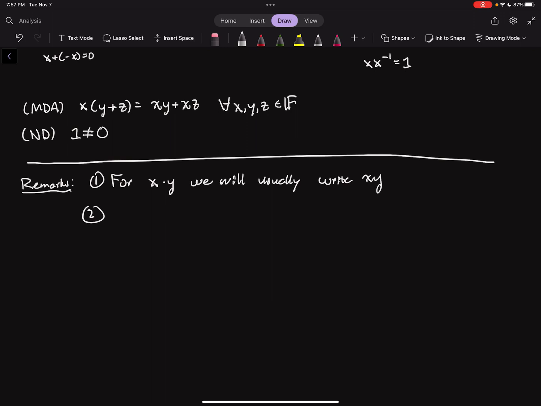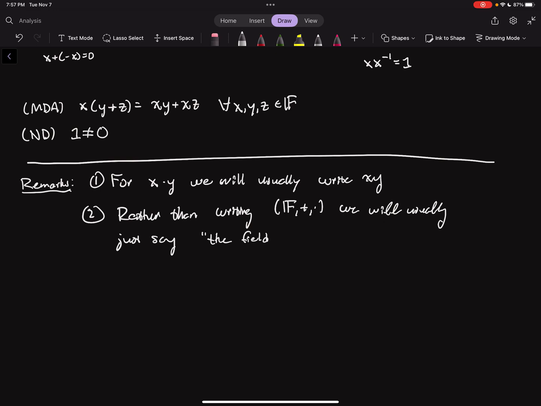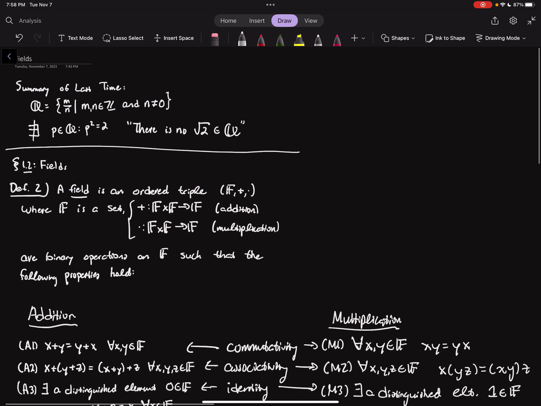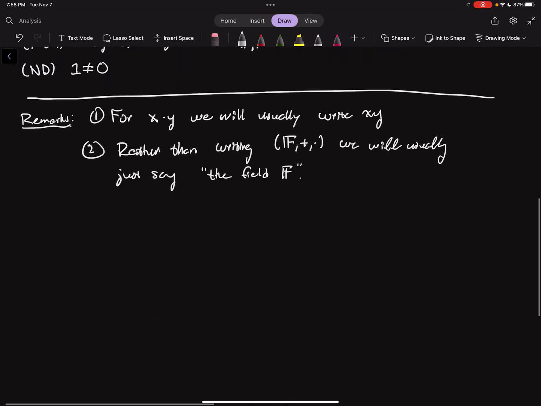And rather than writing this out, it gets a little tedious, so what we usually do is we just say the field F. And yes, technically this is sloppy because a field is an ordered triple with 3 elements.